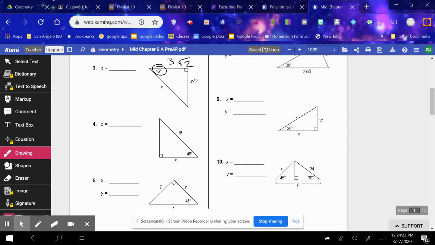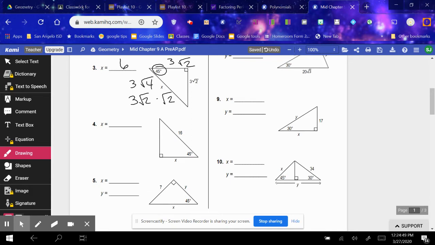So to find x, we have to multiply the side length, which was 3 square root of 2, times the square root of 2. Well, the square root of 2 times the square root of 2 is 4, right? So it's 3 times the square root of 4. But the square root of 4 is 2, so this is really 3 times 2, which is 6.